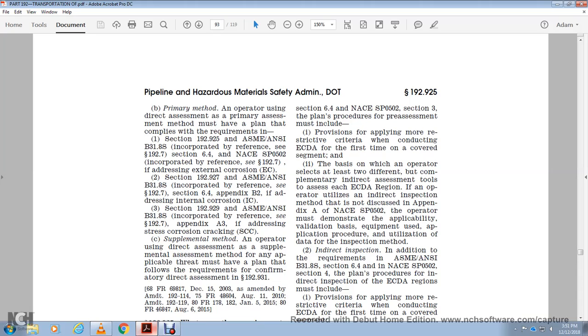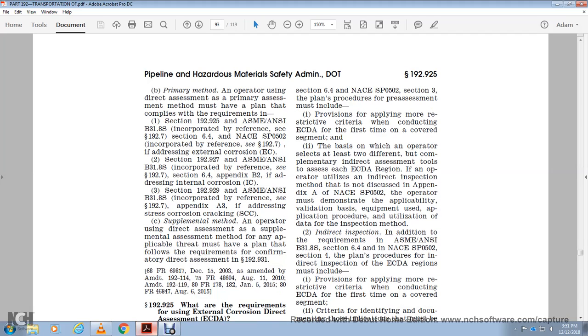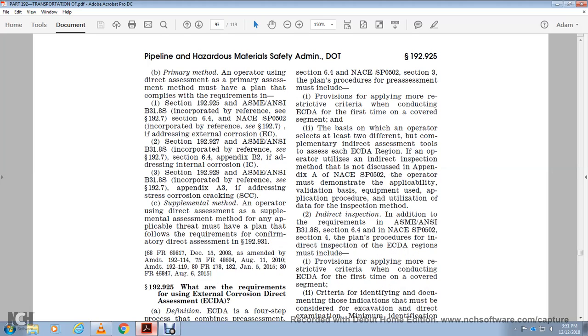Indirect inspection. In addition to the requirements of ASME/ANSI B31.8S section 6.4 and NACE SP0502 section 4, the plan's procedures for indirect inspection of the ECDA region must include provisions for applying more restrictive criteria when conducting ECDA for the first time on covered segments.